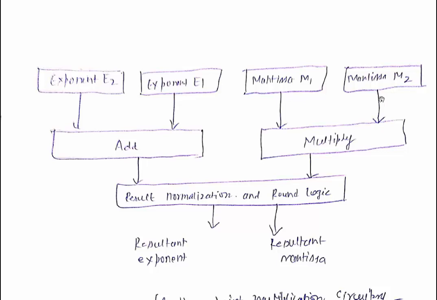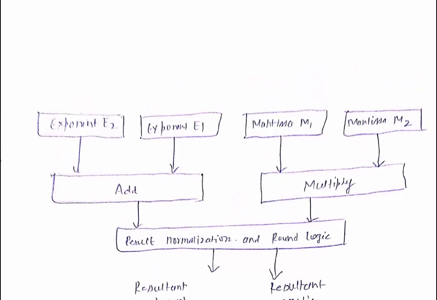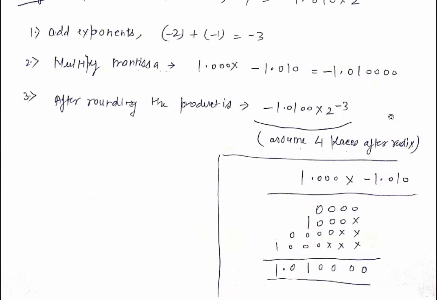In the previous example, please see what it would be if you perform rounding off and normalization. This must be 0 point, the radix point will come here, so this is 0.101 times 2 raised to the power minus 2, because we have shifted one more time. We have not performed normalization and rounding off here.